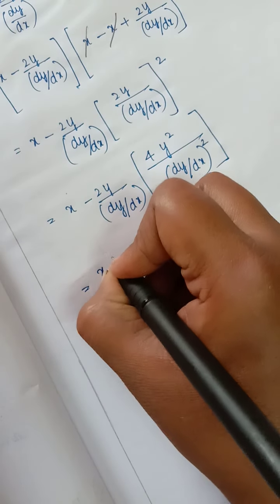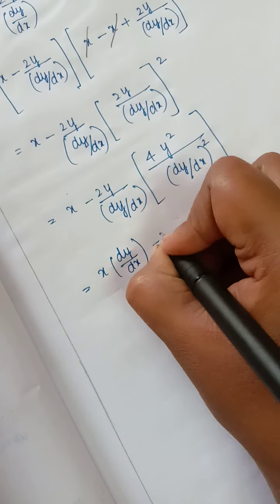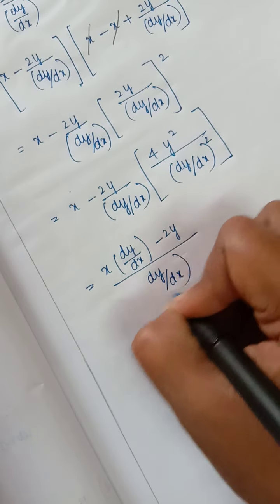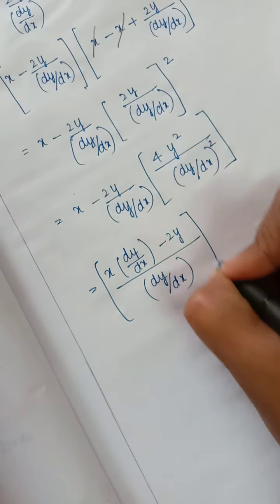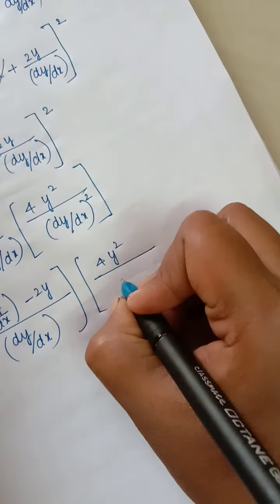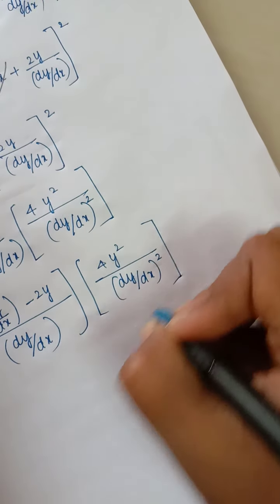So x into dy by dx minus 2y by dy by dx. Here 4y square, then 4y square by dy by dx the whole square.